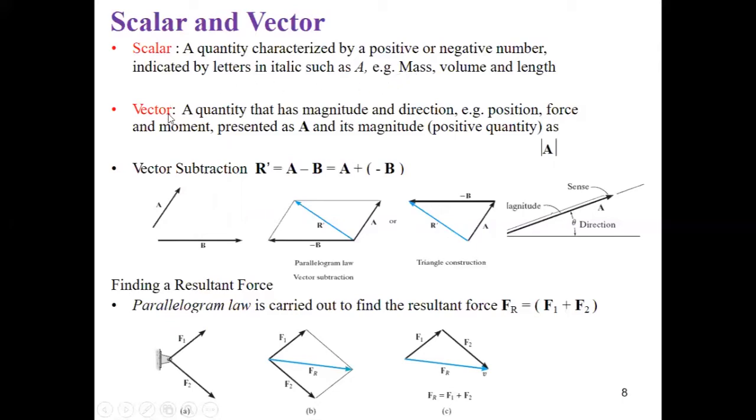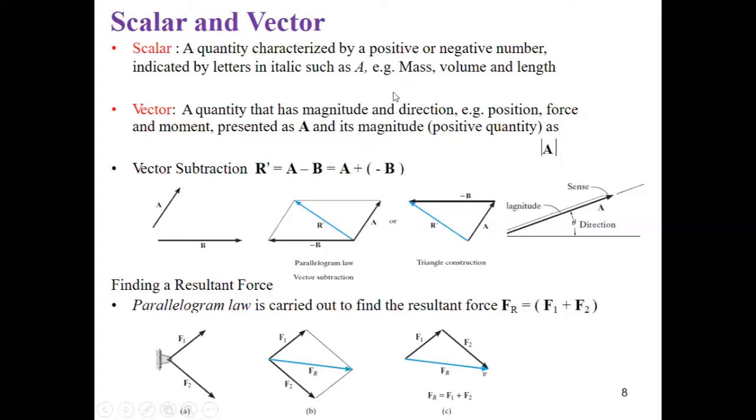Now, a vector is a quantity that has both magnitude and direction. The position of a point is a vector, like a GPS position. We know there are X, Y, and Z directions. Force and moment are also vectors with both magnitude and direction.